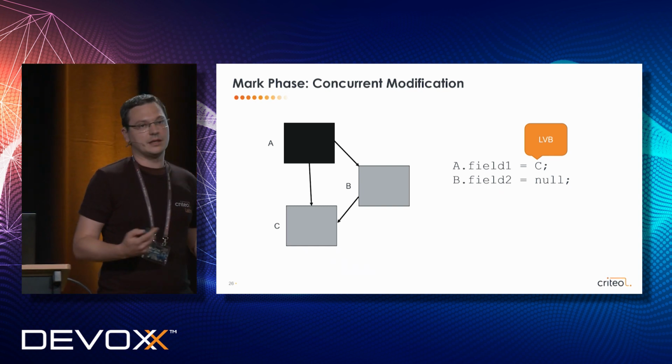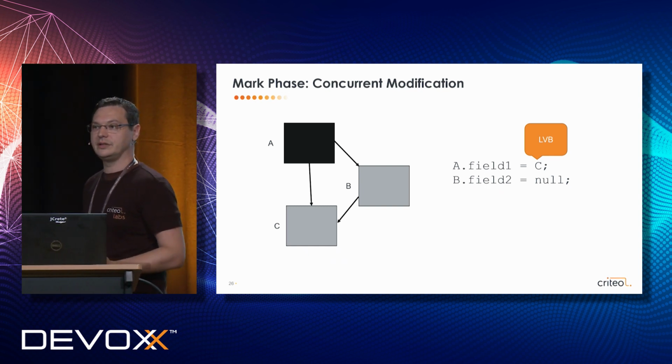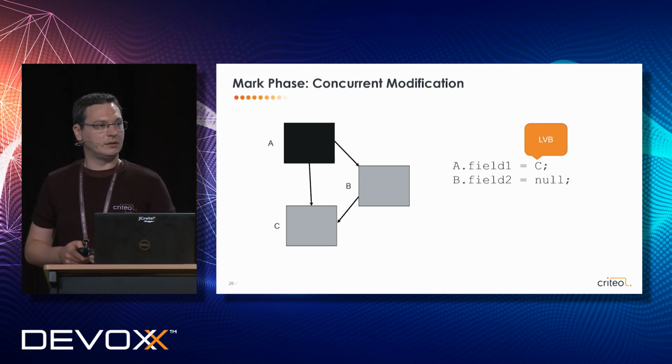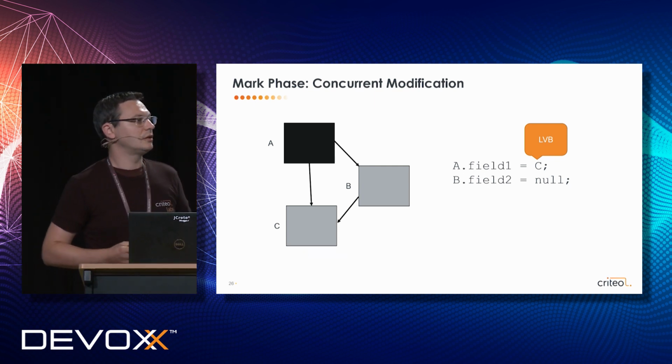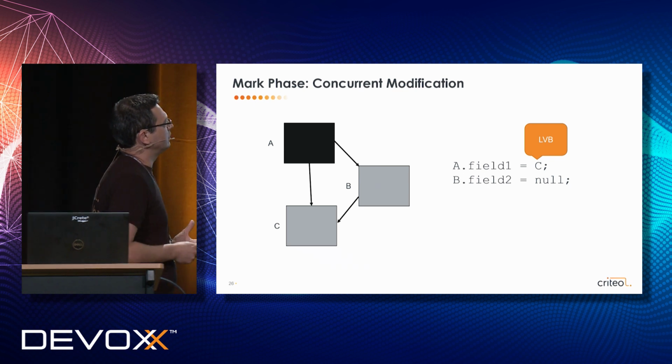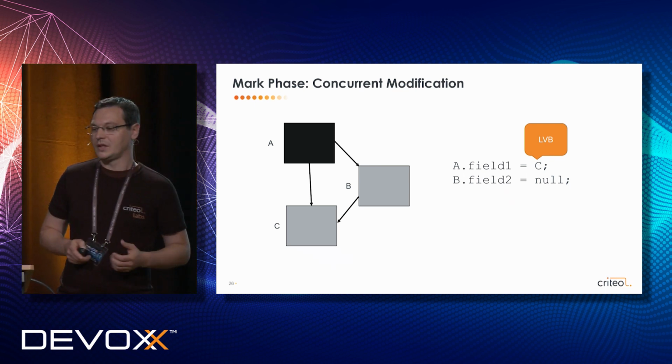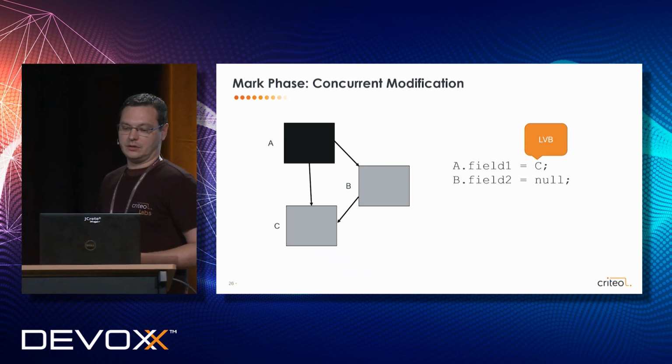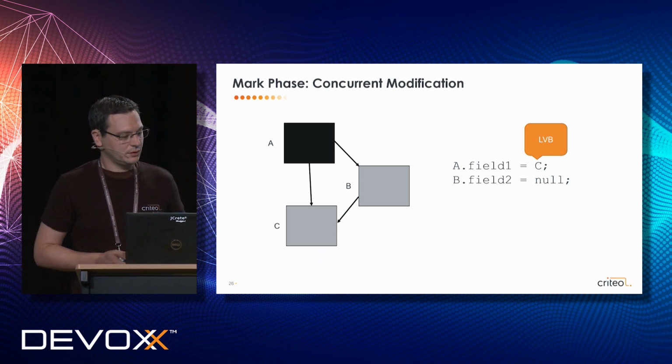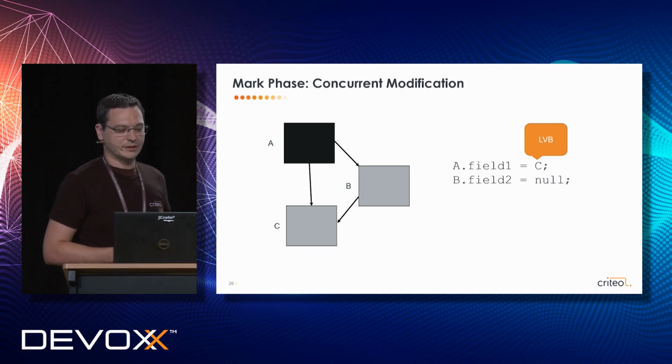So C becomes gray, and we can mark all the objects correctly without losing any object during the concurrent marking. So that's the way incremental updates will catch those objects.